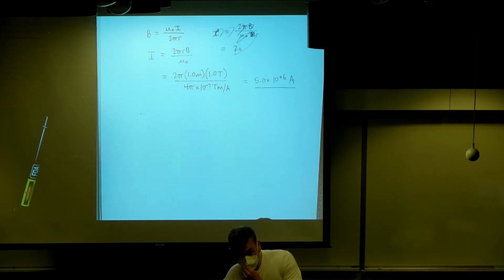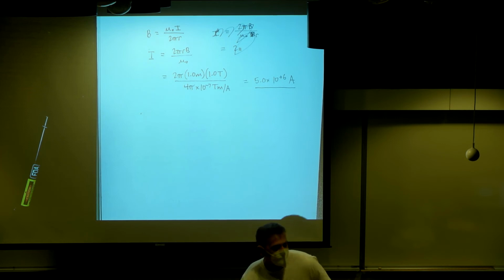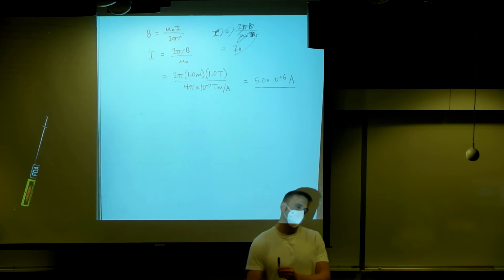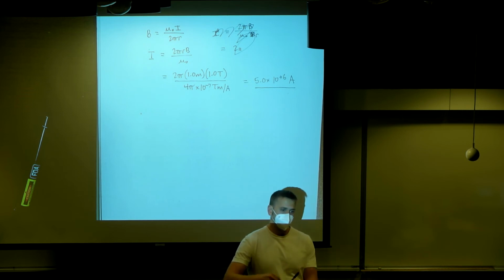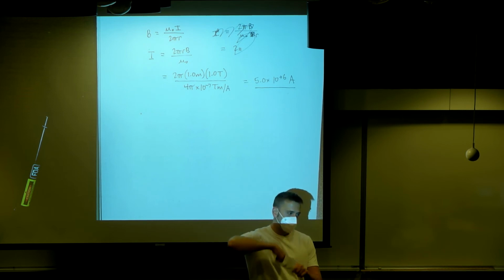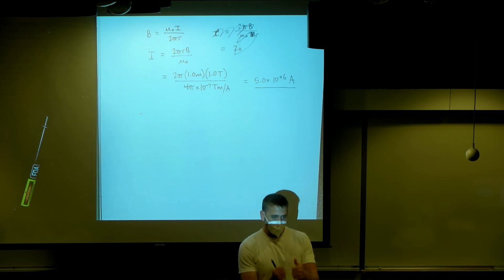So why is it then that we can not only produce magnetic fields with the strength of 1 Tesla, but we can do a lot better than that? We can get 20 Tesla or more in a laboratory. More wires? Further radius? More what? Yeah. So there's a number of things we can do. You're not going to get the strongest possible field just by running current through a straight wire. Instead, if you take that wire and wrap it up very tightly into a coil, that will give you a much stronger field, as we're going to find out later.